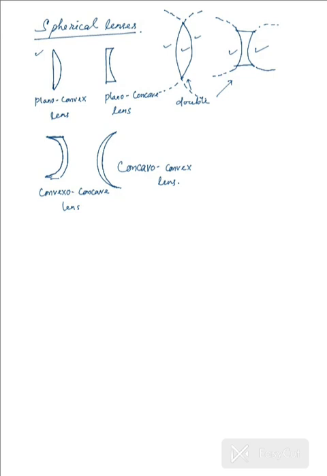Now, how do we name these, whether it is convex first or concave first, or why not convexo-plane or concavo-plane rather than plano-convex or plano-concave? The reason being that if the radius of the sphere of which the surface forms a part is greater than the other, that name must be considered first.